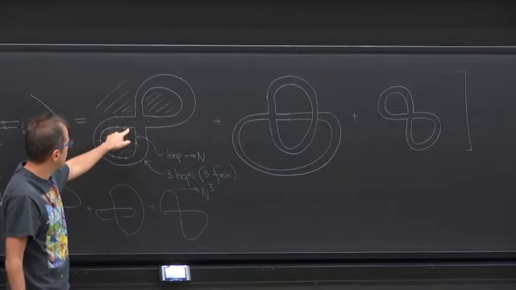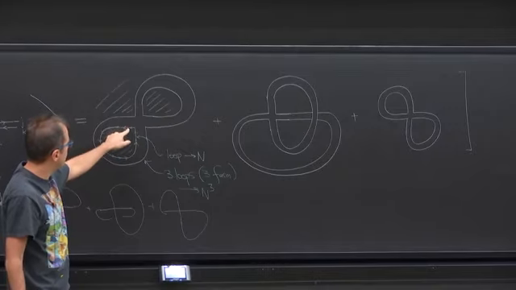What about here? Let's see how many loops we have. Let's follow the lines. If I start here, I go here, I continue along the line, and I came back. Right?